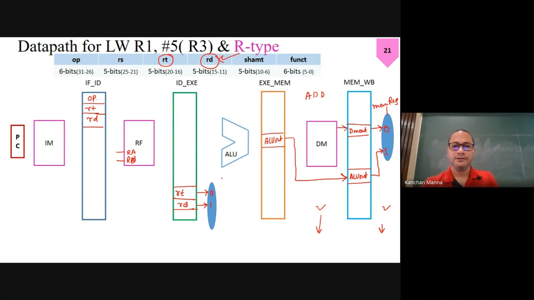So we can say the signal name is register destination. Got it? And then what we have to do? We have to bring that one here. Similar way, it can be either RT or RD.